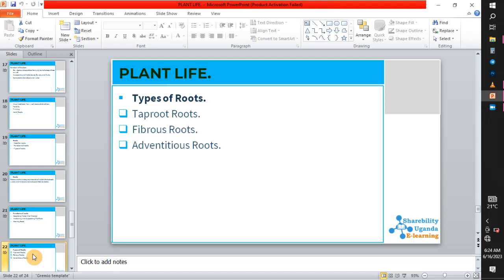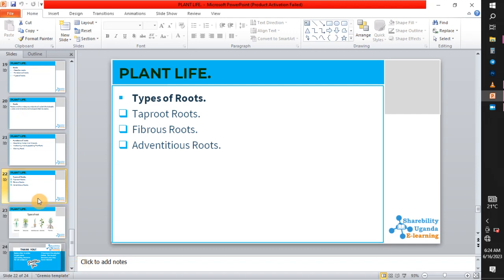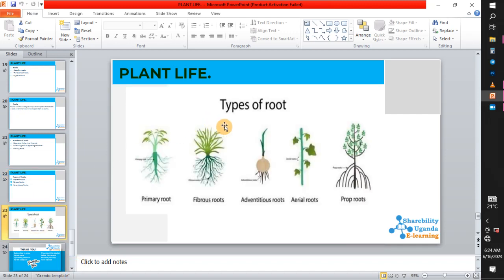We have types of roots. We have taproot, fibrous roots, and also adventitious roots. Let us look at them. These are the basic types of roots. This is a taproot, which is the primary root. We have fibrous root. They are mainly many. They are like hair, and we have the adventitious type of root, like that root of an onion.